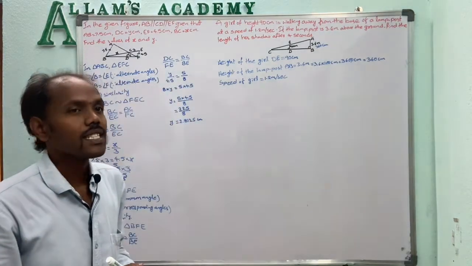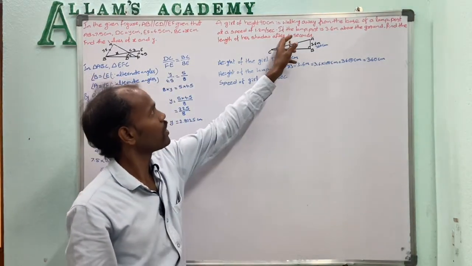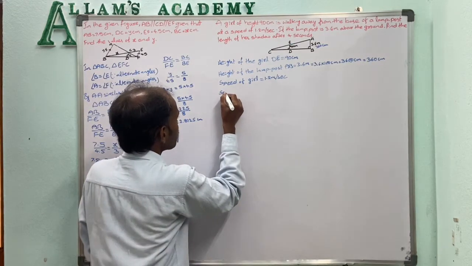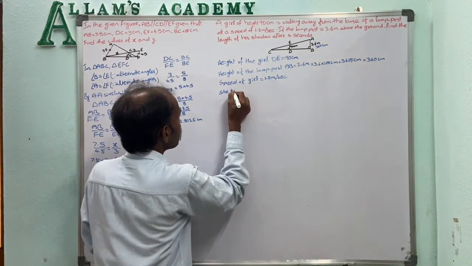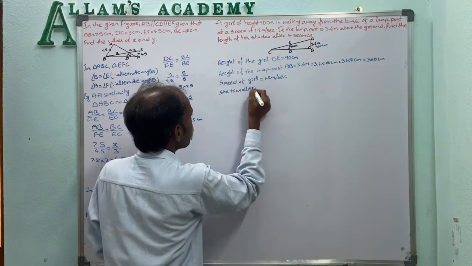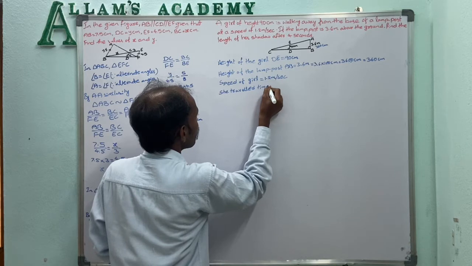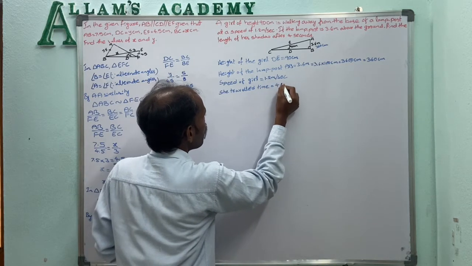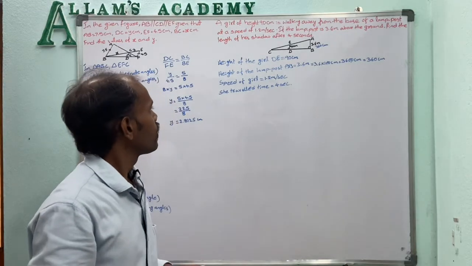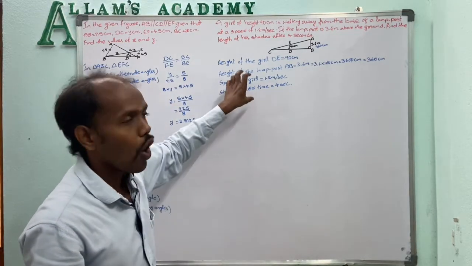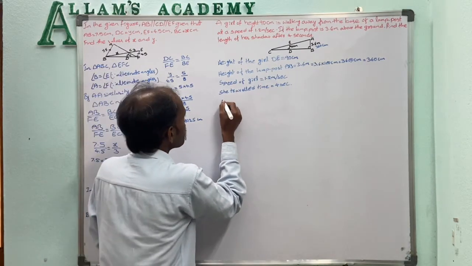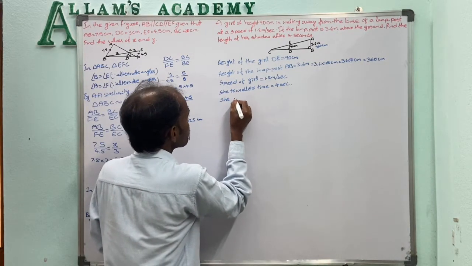Next, she traveled time, after 4 seconds, that means she traveled time 4 seconds, given. So how much distance she covered?